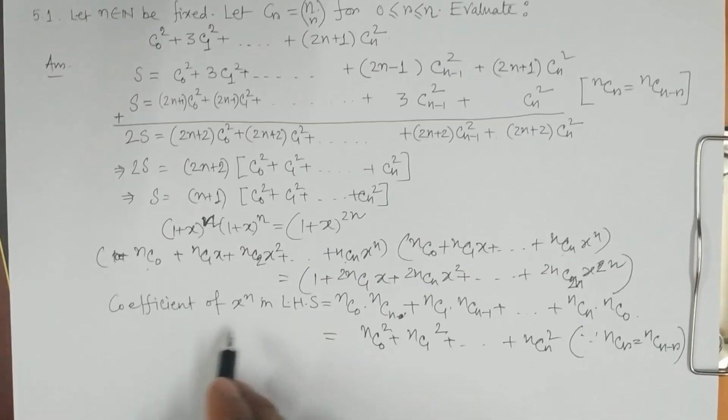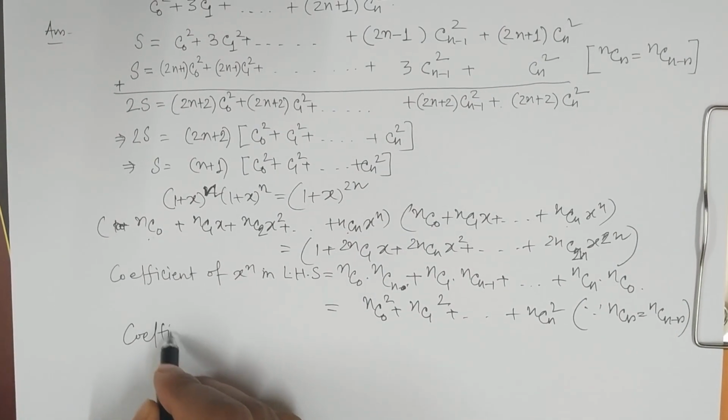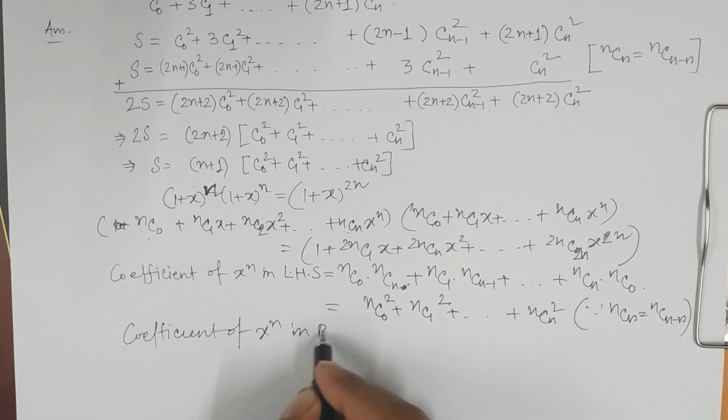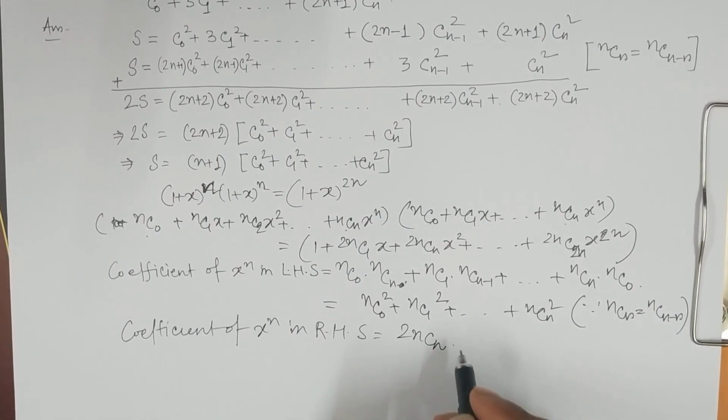So the coefficient of x to the power n in the left hand side is this, and the coefficient of x to the power n in the right hand side is equal to 2nCn.